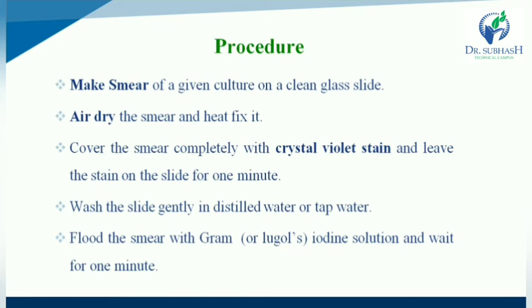After smear preparation, air dry the smear and heat fix it. How is heat fixing done? In heat fixing, the glass slide containing the smear is passed through the flame 2 to 3 times.